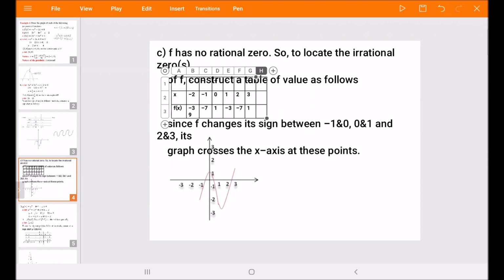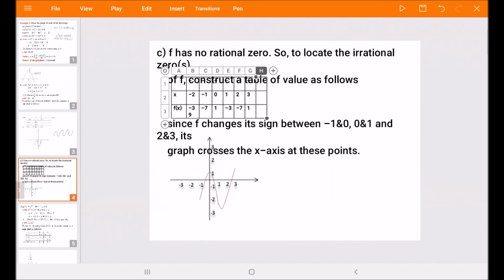Now, where f of x changes its sign between consecutive integers, there is at least one irrational zero. So between -1 and 0, the value of f of x changes from -7 to +1. So there is at least one irrational zero of this polynomial between -1 and 0. Then between 0 and 1, the value of f of x is 1 at x equal to 0, and its value changes to -3 when x is equal to 1.